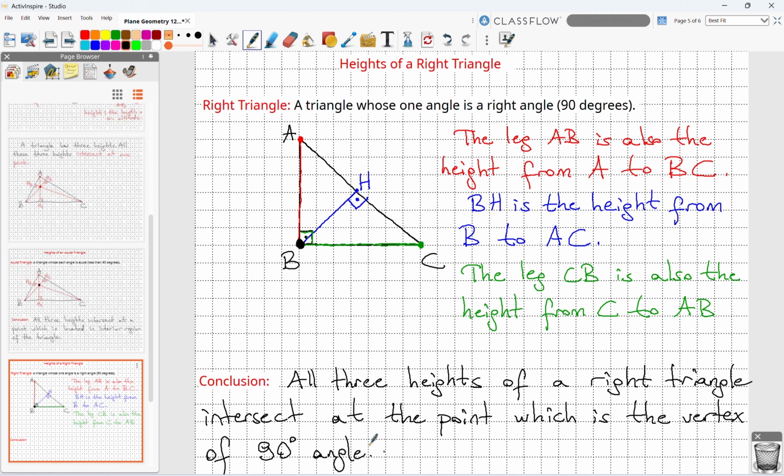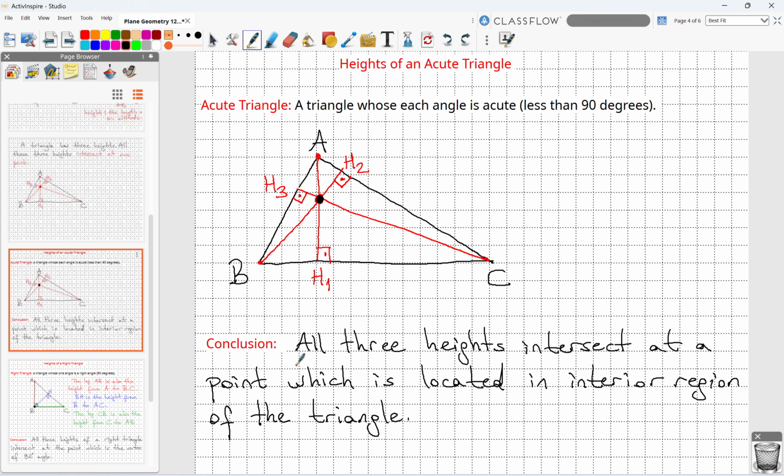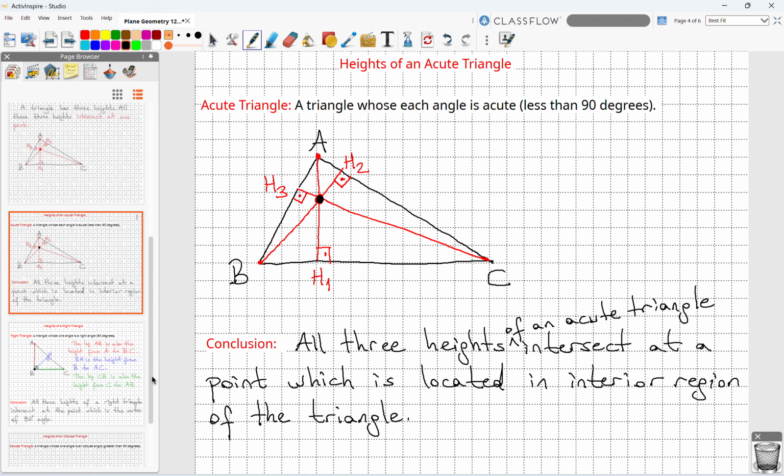So this time, this point is one of the vertices of the triangle where we have the 90-degree angle. Remember that for an acute triangle, that point was inside the triangle. It was in the interior region. All three heights, let's add here, of an acute triangle. It's better, of course, to write it once more.